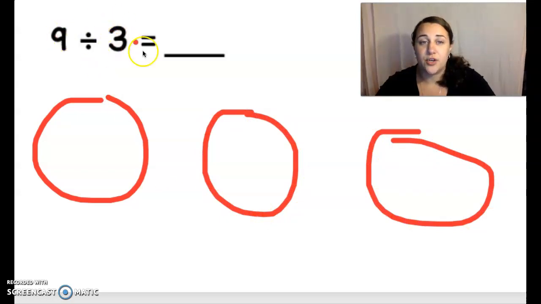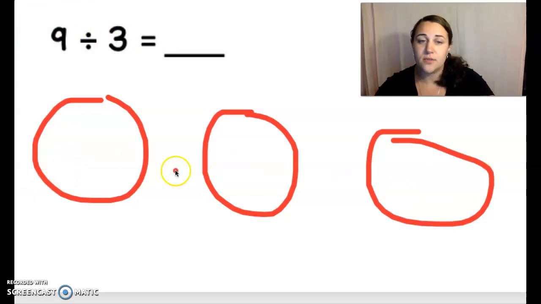Now my 3 groups are there, and 9 tells us how many are all together, but I don't know how many in each group. That's where it gets a little different from multiplication. In multiplication, we knew how many in each group and then we counted. This, no. We have 9 in total divided amongst 3 groups.